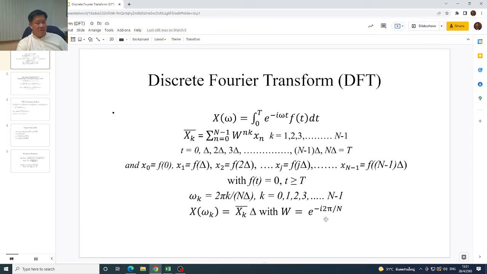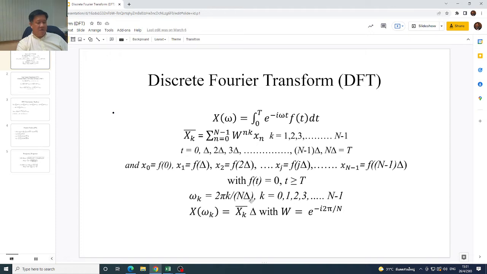And why does this w become like this? Because you find the summation here for n, with t moving along with n. You know that this omega is equal to 2 pi k divided by capital N times delta.